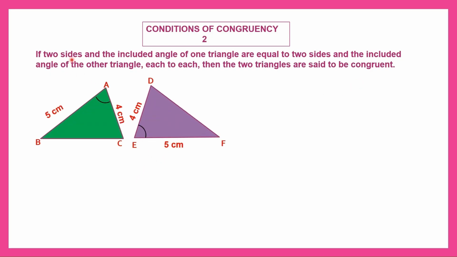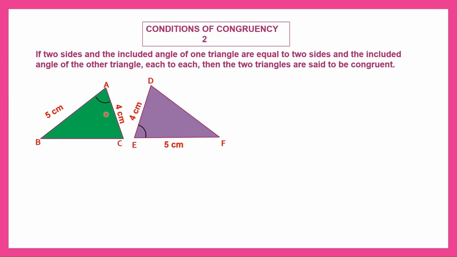So again we have two triangles here. Now here we are talking about two sides and the included angle. Look at this triangle ABC. There are two sides. AC is 4 centimeters and AB is 5 centimeters. Included angle means the angle that is between the two sides, that is angle A. I'm not talking about angle B, because the two sides are here. Included angle means the angle that comes between those two sides.